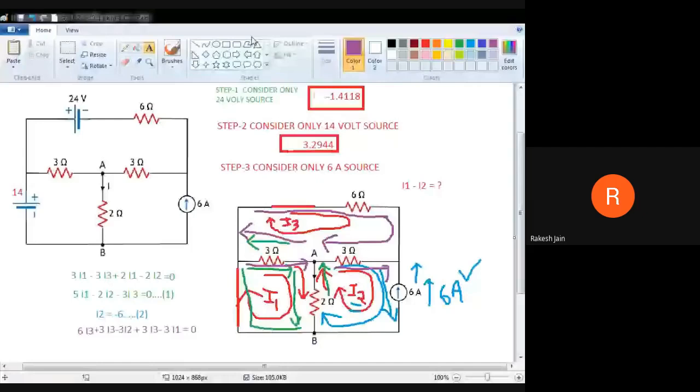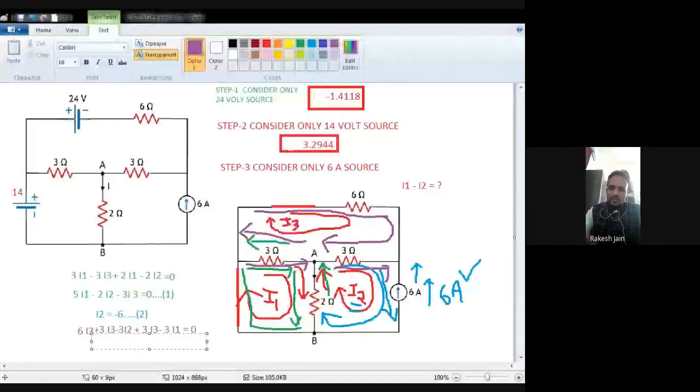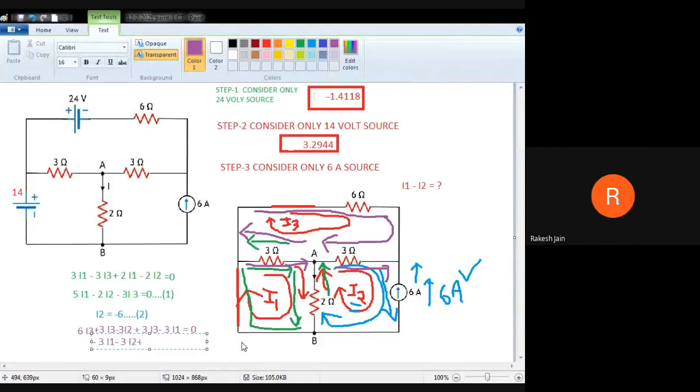No other branch is required because there is no element in this bottom branch. Also there is no element in this branch, so now this is equal to 0. This is my first equation.